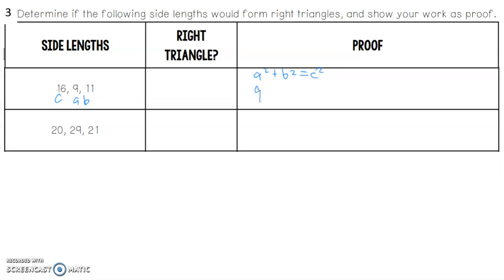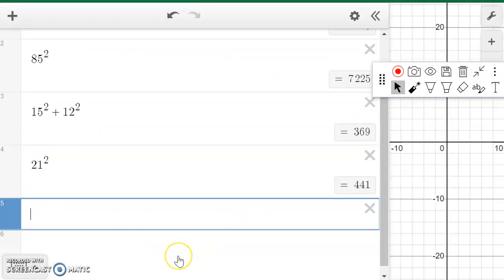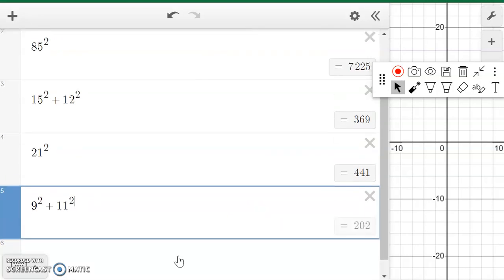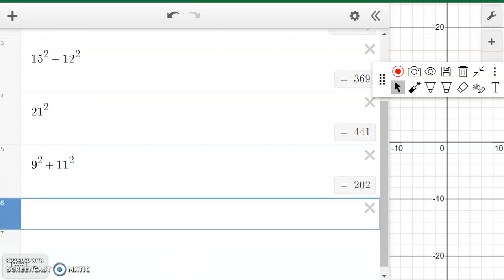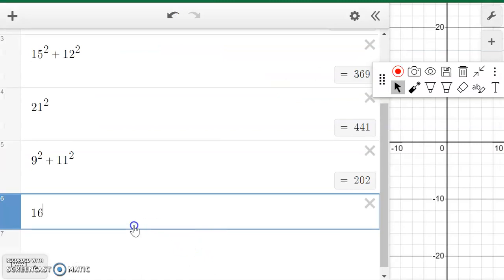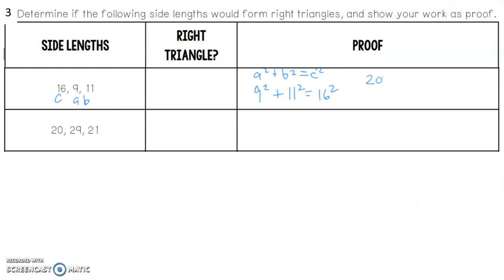So a is 9, so 9 squared plus b is 11 squared. Does that equal 16 squared? Again, you just hop into Desmos. 9 squared plus 11 squared is 202. Does that equal 16 squared? That's 256. So no, this does not work because 202 does not equal 256. So this is not a right triangle.